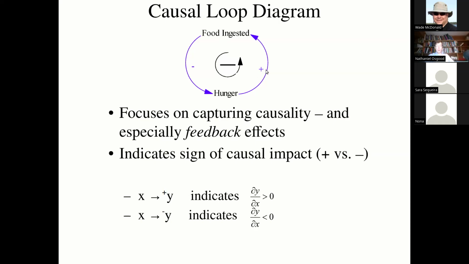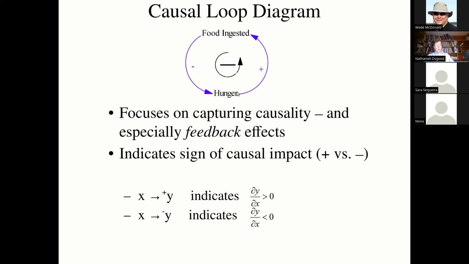Sometimes we label plus as an S, same, meaning if hunger goes up, food ingested goes up compared to the value it would have had otherwise. And minus as an O, meaning opposite. If food ingested goes up, hunger will tend to go down compared to the value it otherwise would have had.